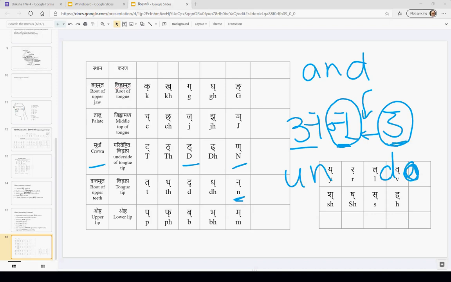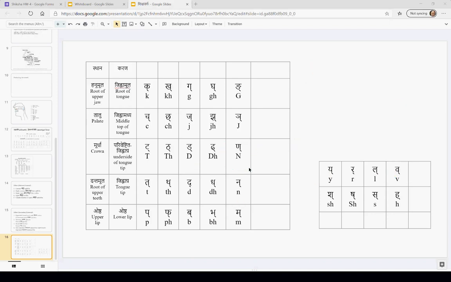Just before bringing this sound out, the na is pronounced, so the position remains the same. So the writing changes to anda. The script changes to na, representing this sound. And this sound is obviously familiar, the na sound.